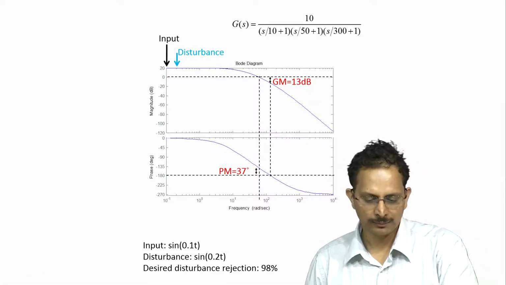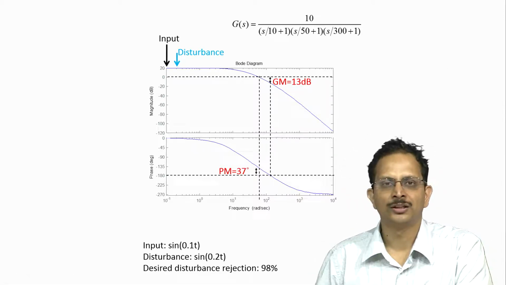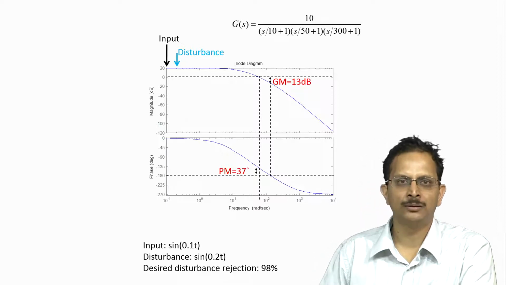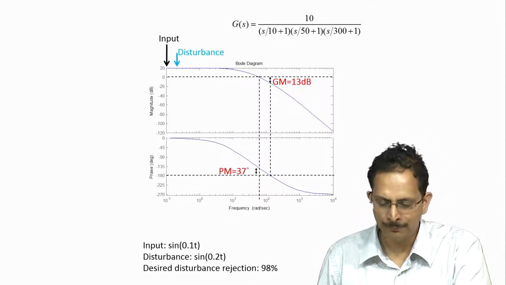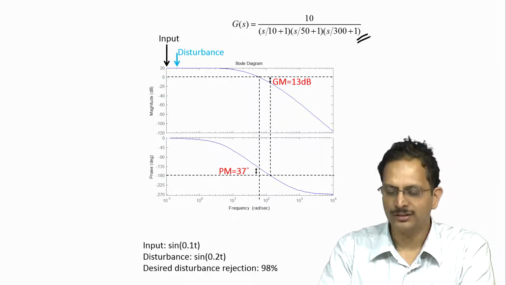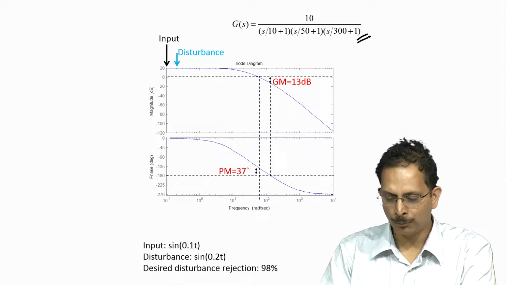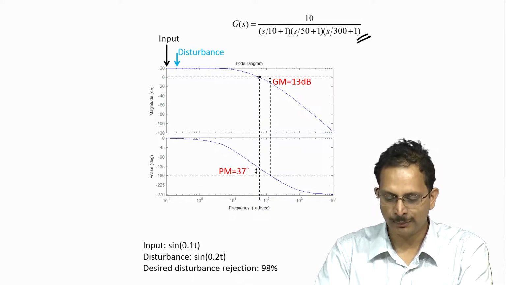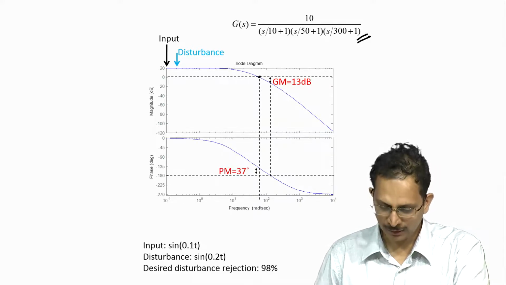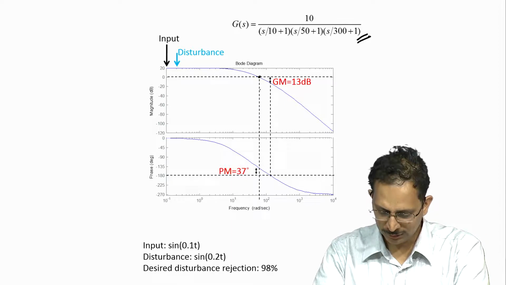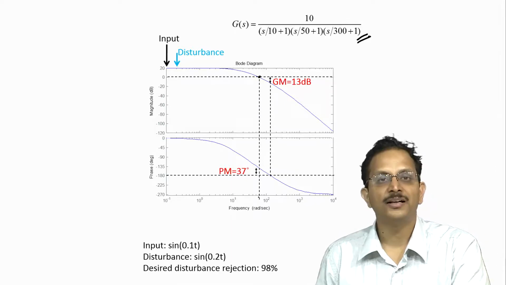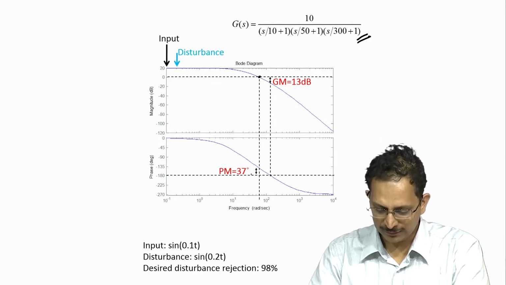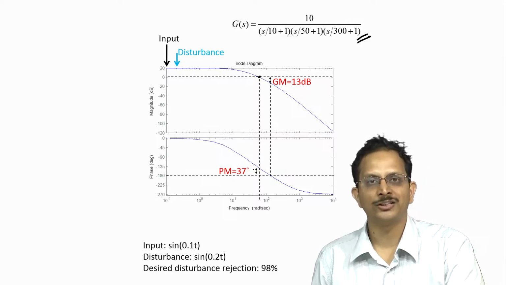This slide here shows the Bode plot of the plant which has been plotted using MATLAB. So, the plant transfer function is given here and the Bode plot shows that the gain crossover frequency which is given by this particular frequency is around 50 radians per second and the phase margin is about 37 degrees.